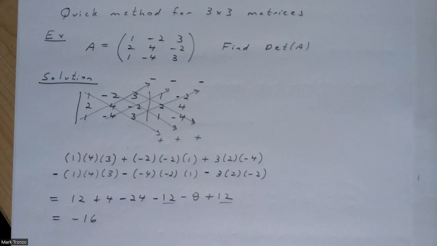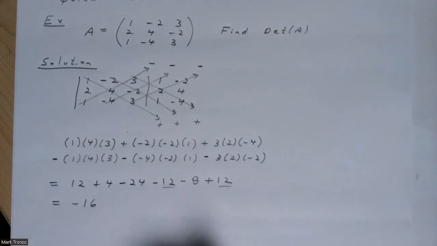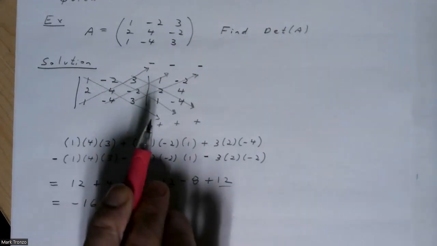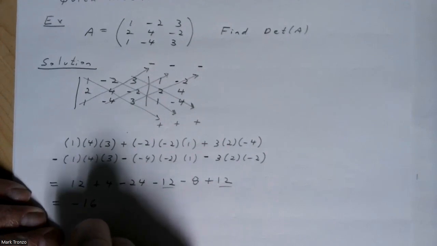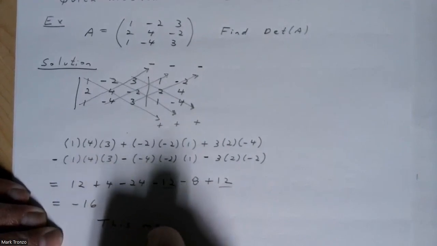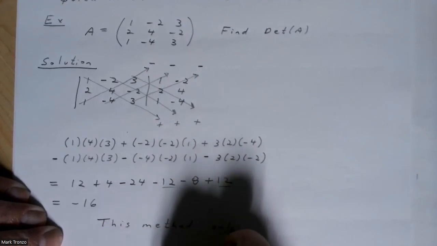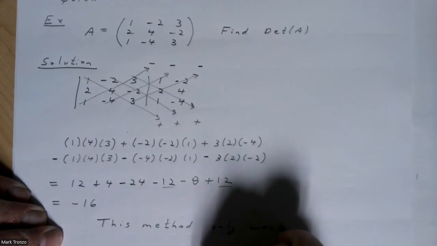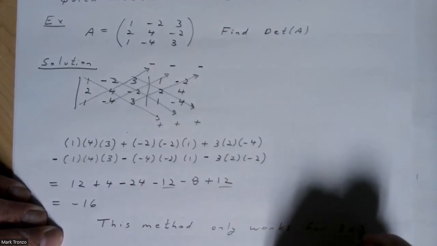So again, this only works for a 3 by 3. That's why I kind of don't put a lot of emphasis on this, because it's limited to a 3 by 3 matrix. This method only works for a 3 by 3.